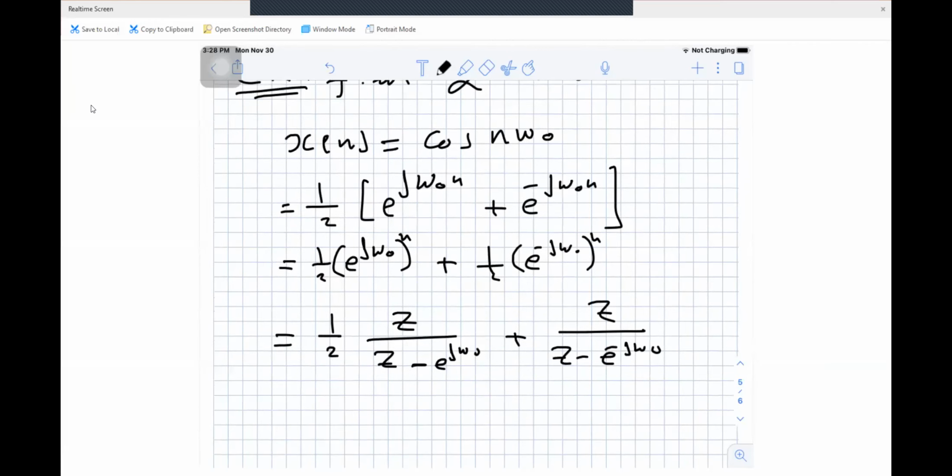Now, what about the ROC? Can anyone tell me what will be the value of the ROC? What will be the ROC?